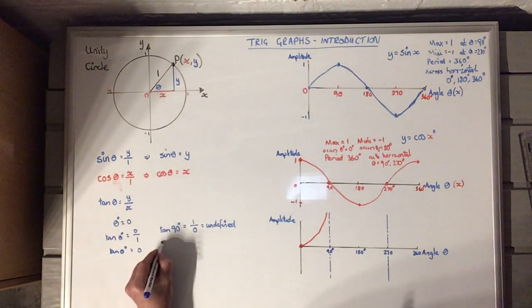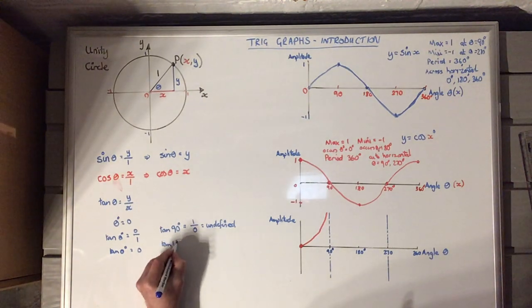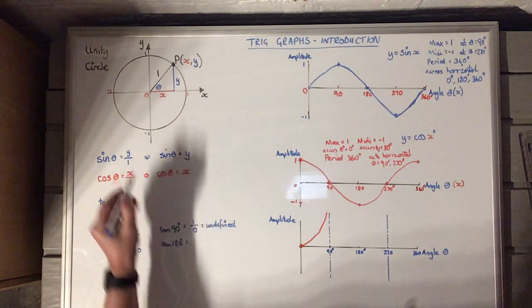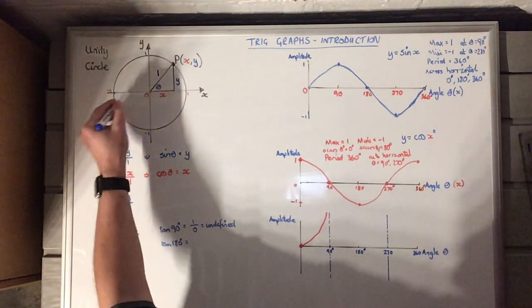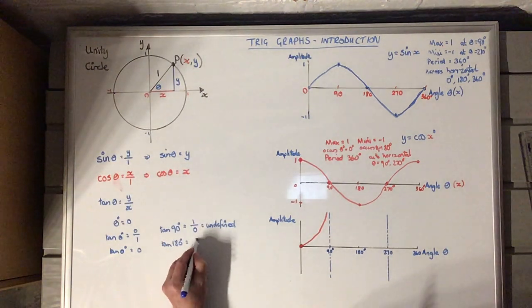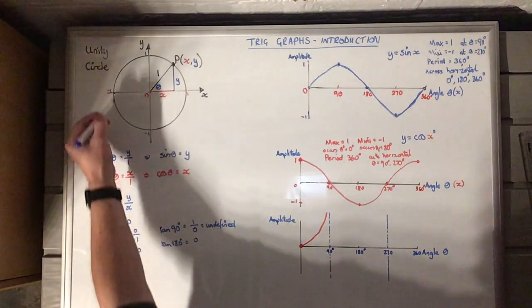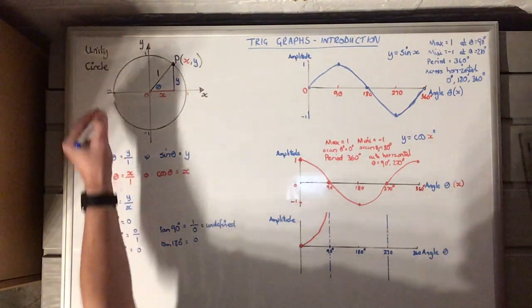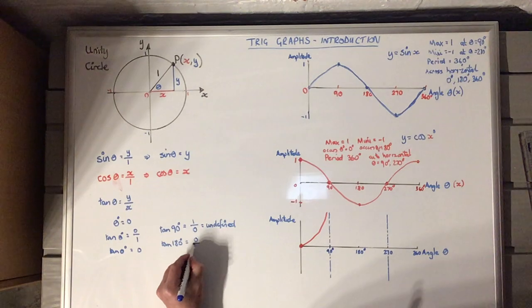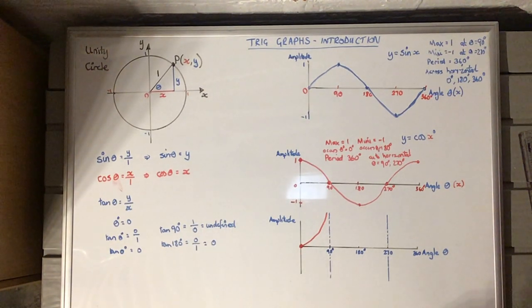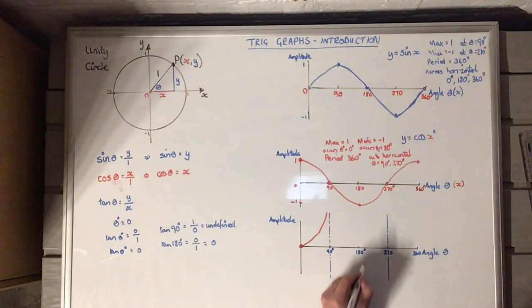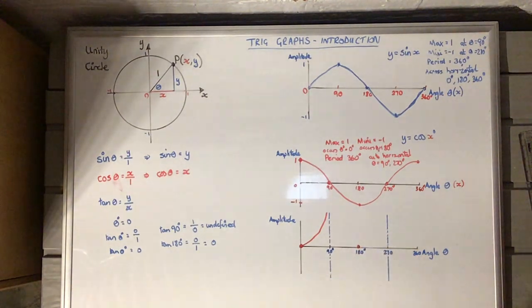Well, tan of 180 degrees. If we're rotated round to here, then the y coordinate is 0 again, because the line's here, height 0, and the x value is 1. So again, that's 0. So for 180 degrees, the tan function is 0.